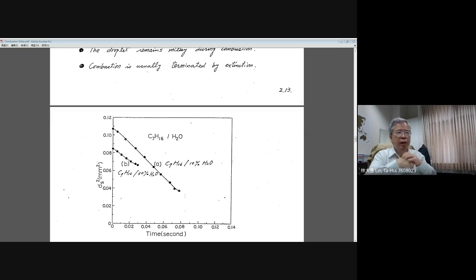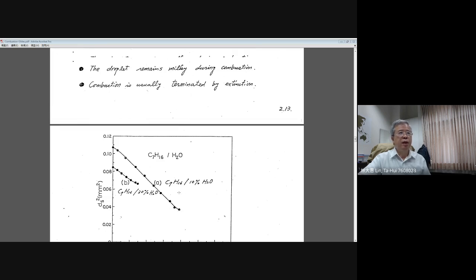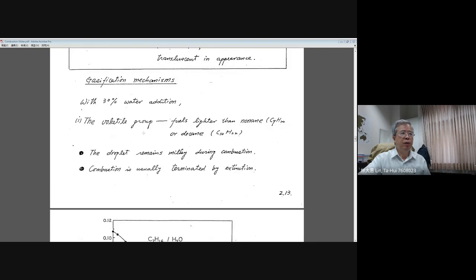The diffusion flame will suffer from the water vapor because it comes in and absorbs heat. Finally, in the initial period, most of the C7 completely burns out, and the rest is just water. Then the flame goes extinct at the end of the droplet. Without flame, some droplet is still left when the flame extinguishes. This is the behavior for the volatile group.